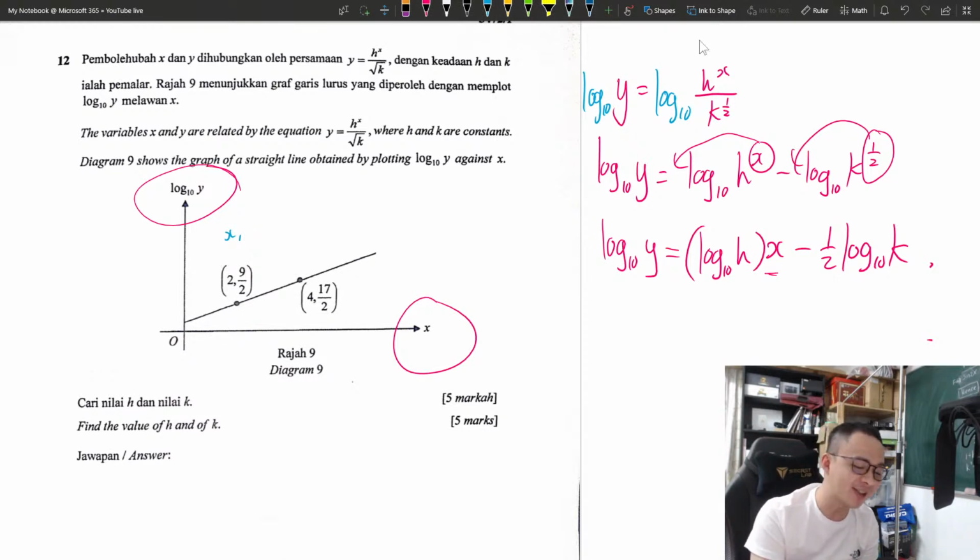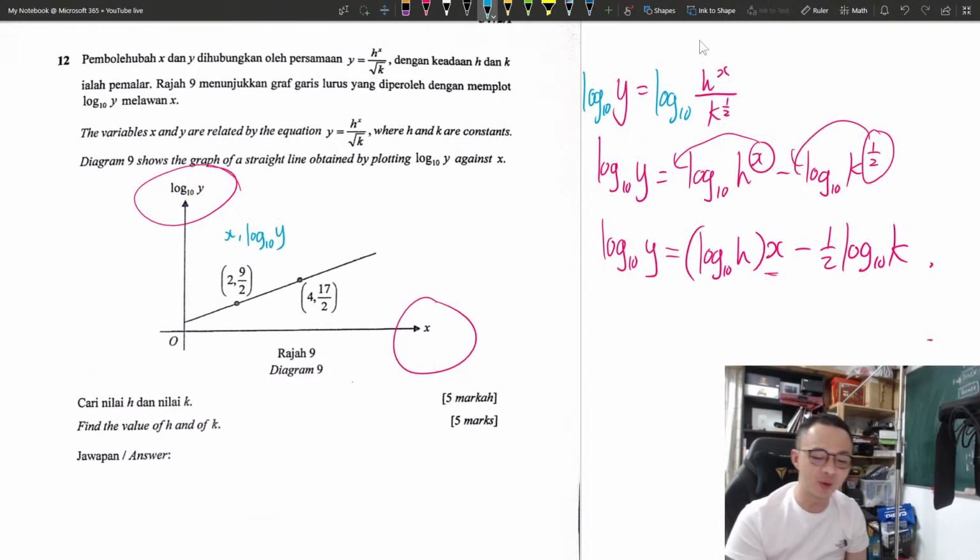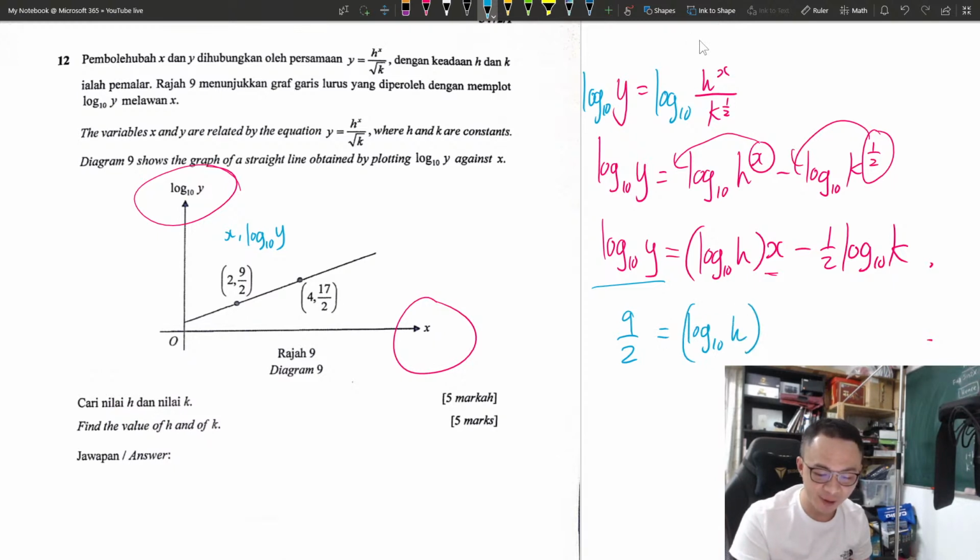The x is still x, but the y is basically log 10 y. So if you want to do substitution to solve it, my whole log 10 y is 9 over 2. It's not log 10 of 9 over 2. It's a very big difference. So this one will be log 10 h, my x will be 2, minus 1 over 2 log 10 k.